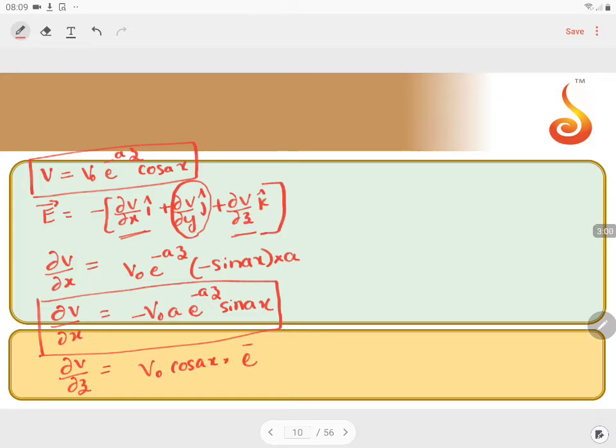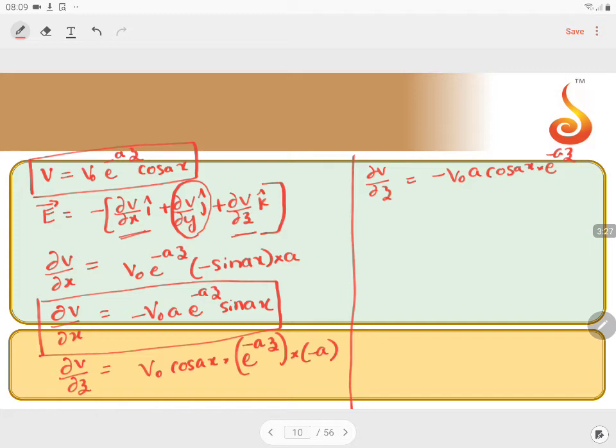Derivative will be e to the power of minus Az into minus A. So dou V by dou z will be equal to minus V naught A cos Ax e to the power of minus Az.